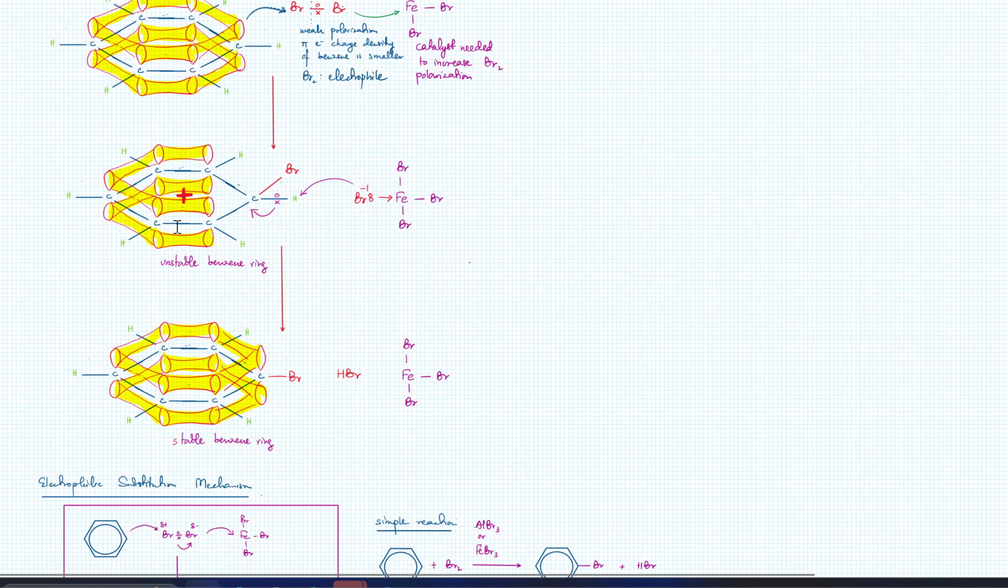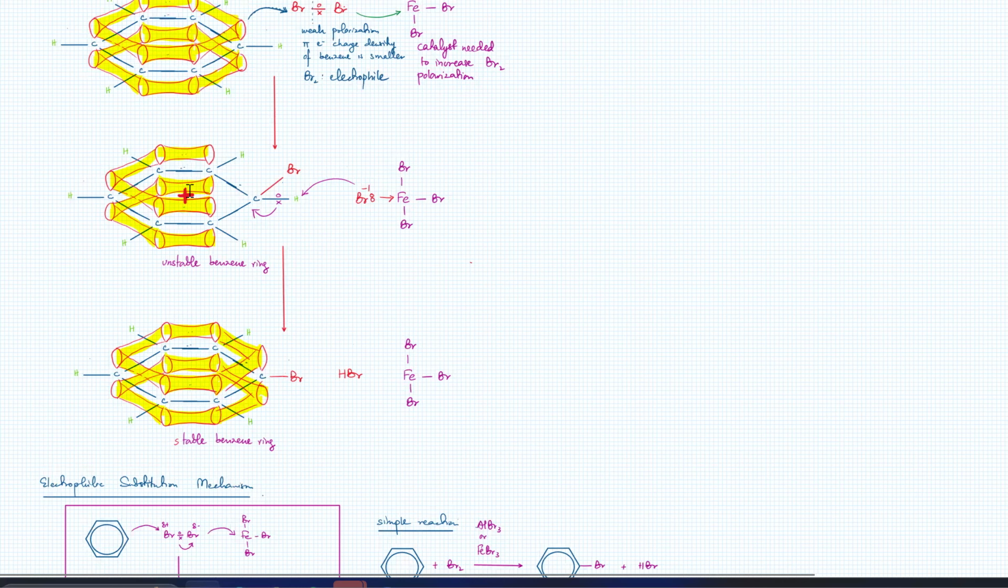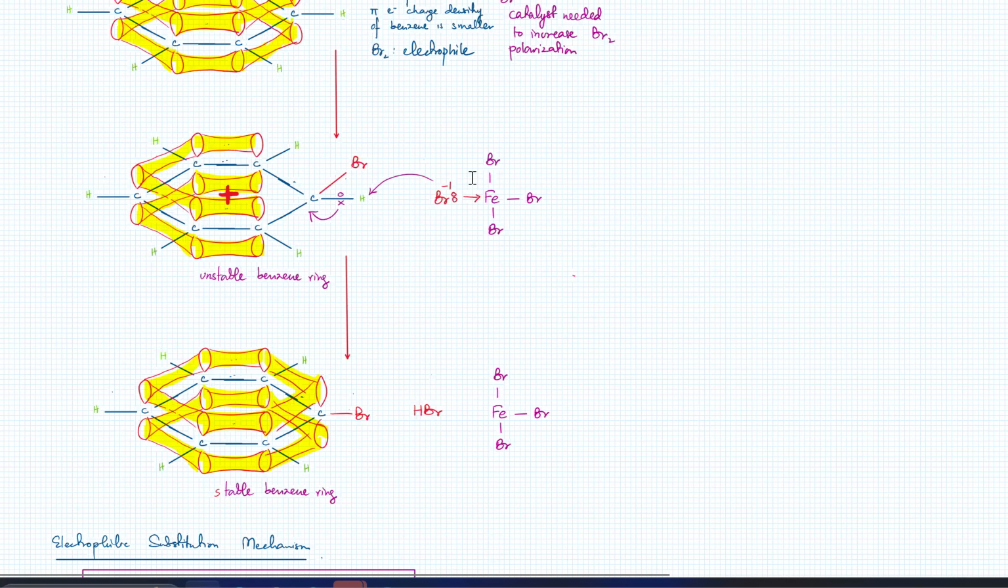Yes, sir. So that's why the positive charge over here is not going to attract this Br minus one that strongly. What that positive charge does is it simply attracts the neighboring electrons. It's not going to attract electrons really far away. So the other Br minus one that's really far away is not going to get attracted to this positive charge.